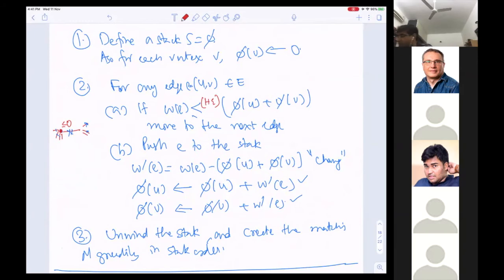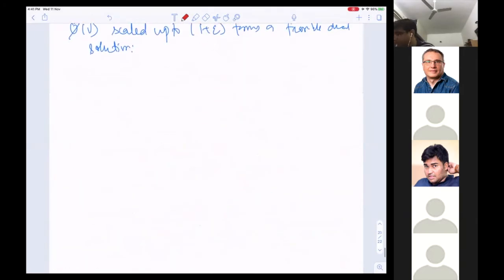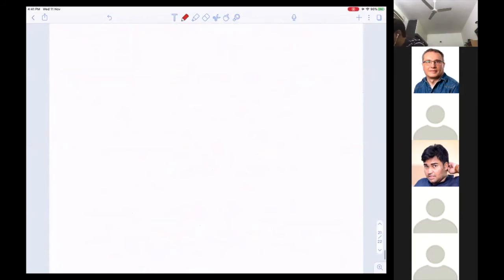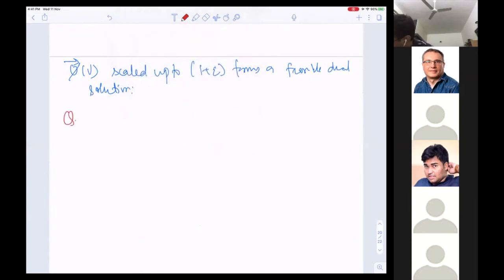So these are the two things we have to understand. Question number 1, why is the modified algorithm a 2 into 1 plus epsilon approximation?